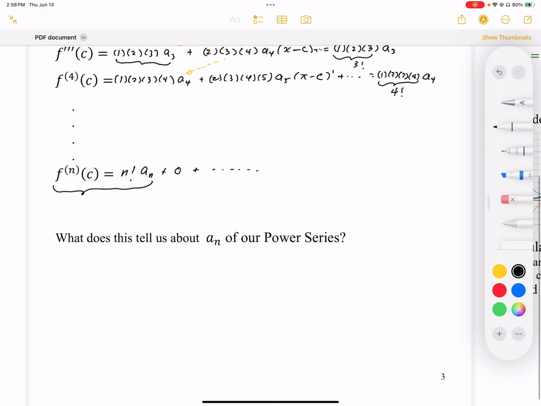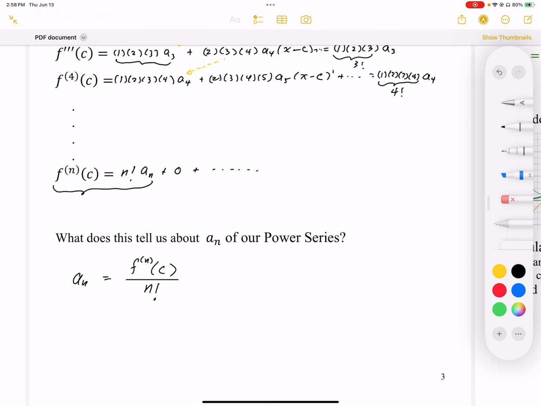So if I solve for an, for every an term in this power series, and in fact any power series, every an term can be worked out by the nth derivative evaluated at the center c divided by n factorial.